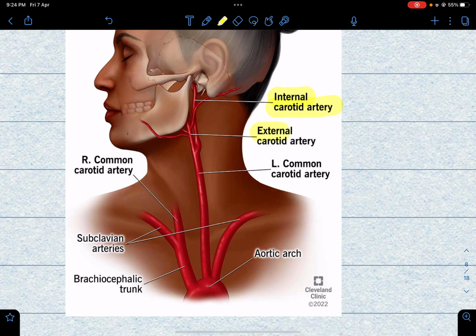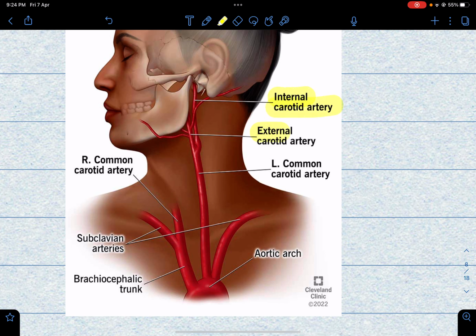Okay. So let's move through the boundaries of both of them. Here's the level 1A submental group, between two anterior digastric muscles and the hyoid bone.